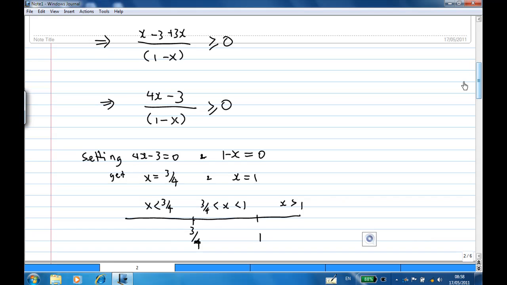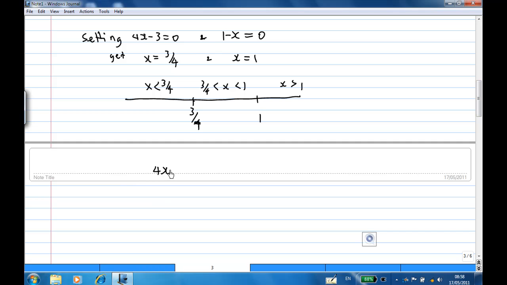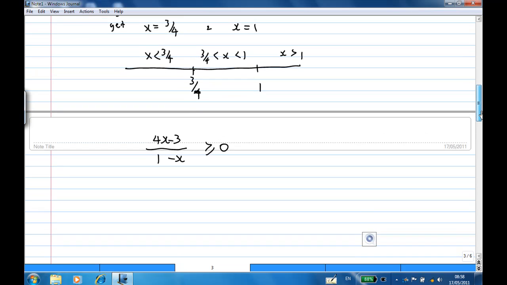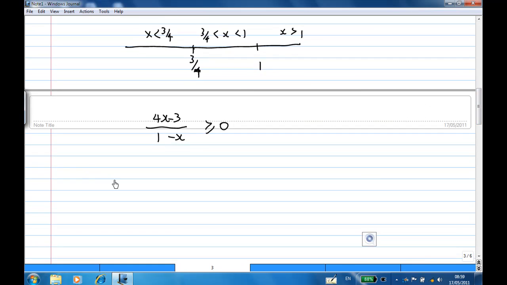So you can test the inequality. Let me rewrite it again: 4x minus 3 over 1 minus x, I want it greater than or equal to 0. One possibility is to make up a sign table.